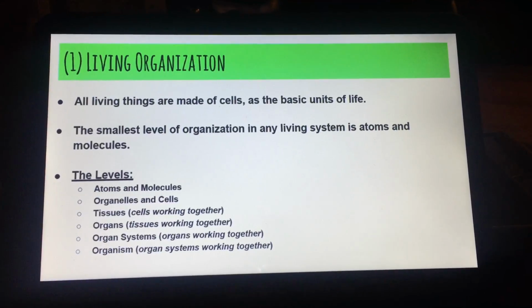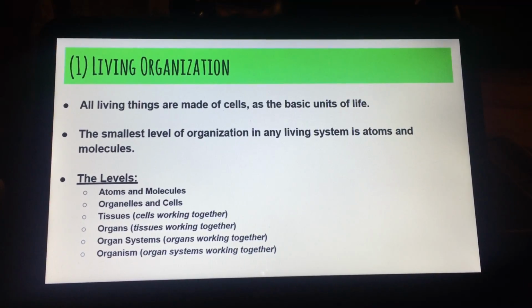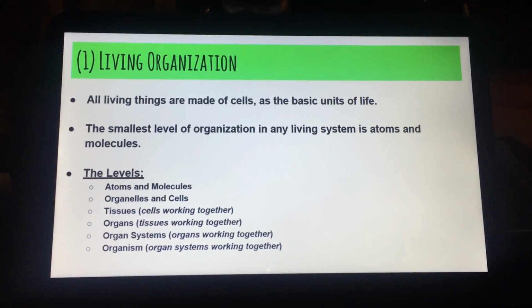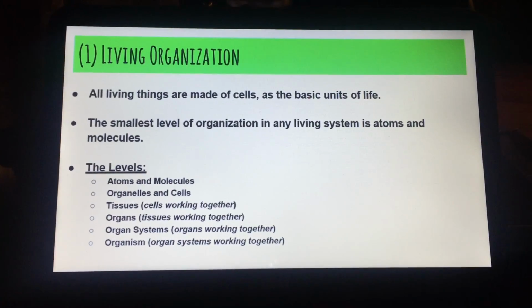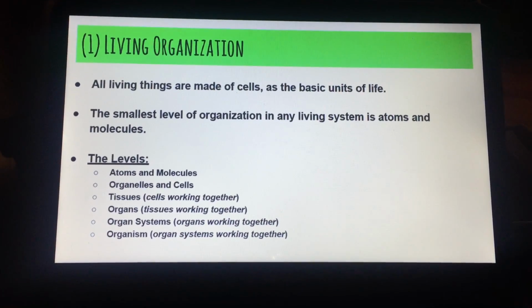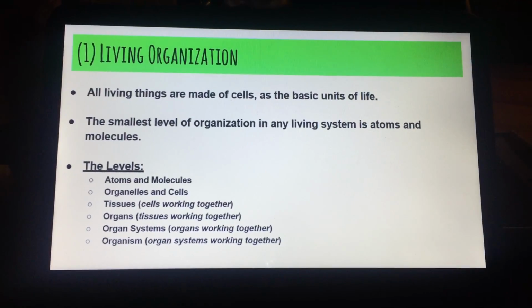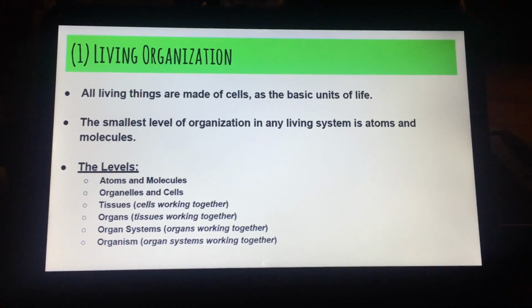Those atoms and molecules then can form larger structures like organelles in your cells, even larger structures like tissues, which are simply different types of cells working together on a common function. And tissues can form a larger structure called an organ, which is simply the tissues working together on a common function.